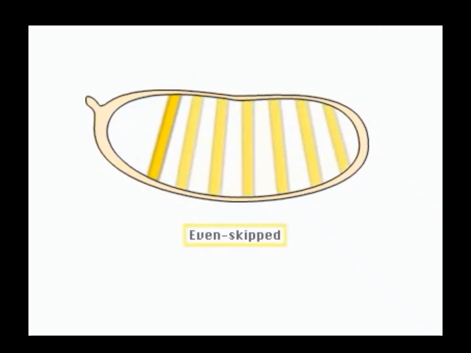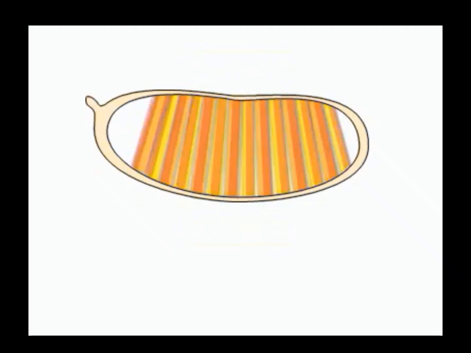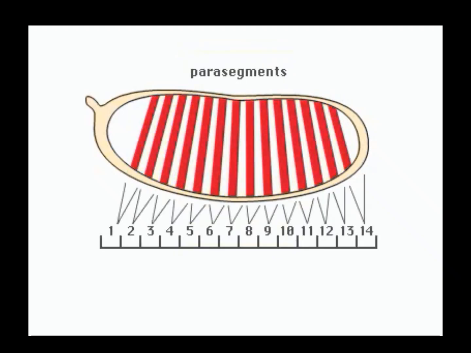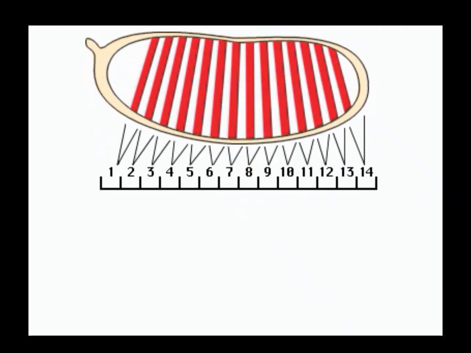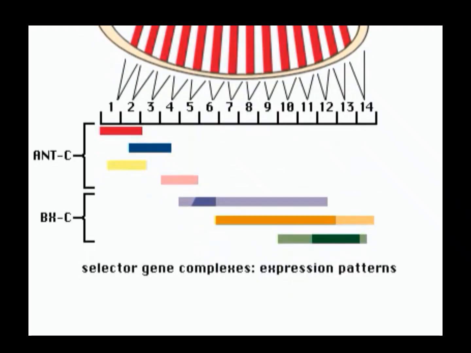Stripe 2 is one of 7 stripes of even-skipped protein, which alternate with 7 stripes of fushi tarazu protein. Both proteins are transcription factors encoded by pair-rule genes. Pair-rule genes, along with segment polarity genes, define 14 parasegments of the embryo. Selector genes regulate development within each parasegment. This determines the corresponding adult body structures.